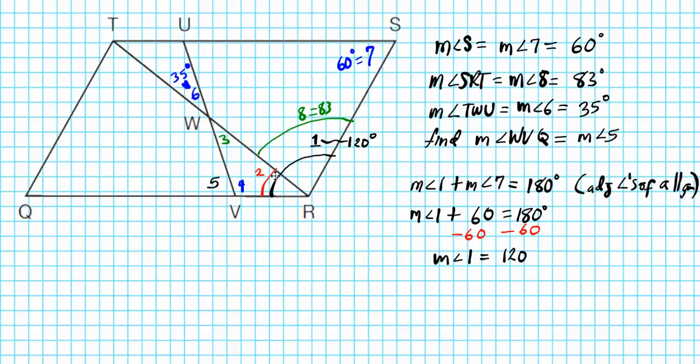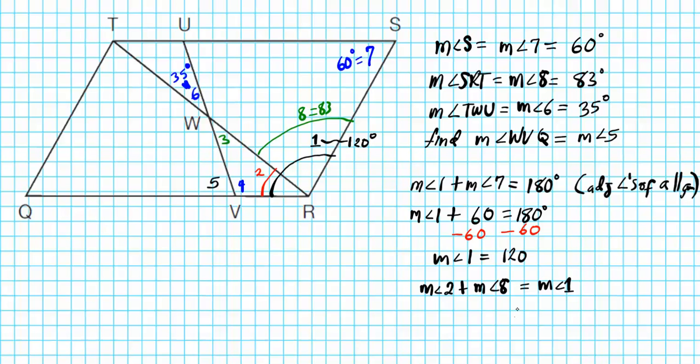Now, can I find out what the measure of angle 2 is using angle 1 and 8? Absolutely. The measure of angle 2 plus measure of angle 8, these two angles add up to give you measure of angle 1.